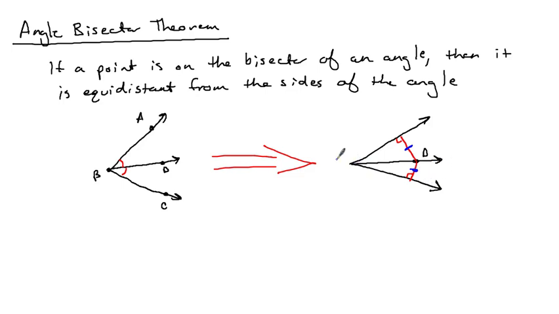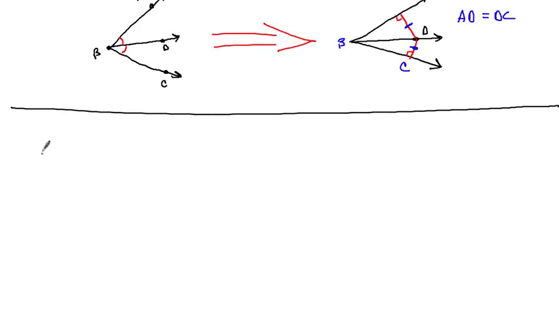And if this were triangle ABC again, we would say that AD equals DC. And you know, for almost every theorem that we've got, there's a converse for it, so there's a converse.